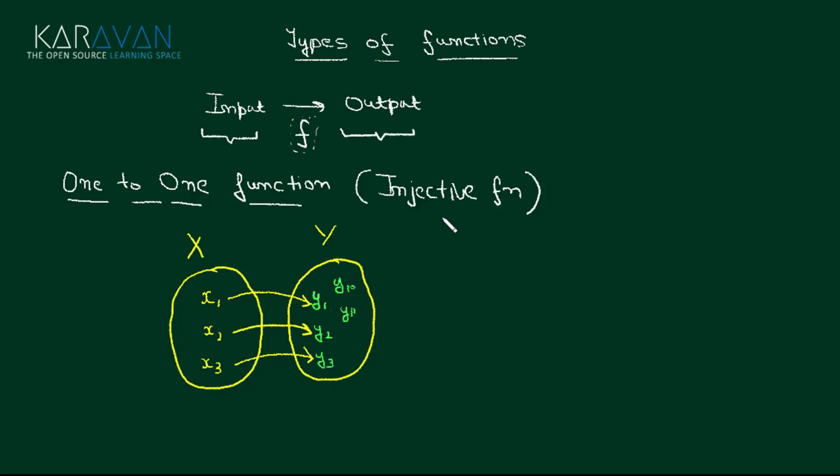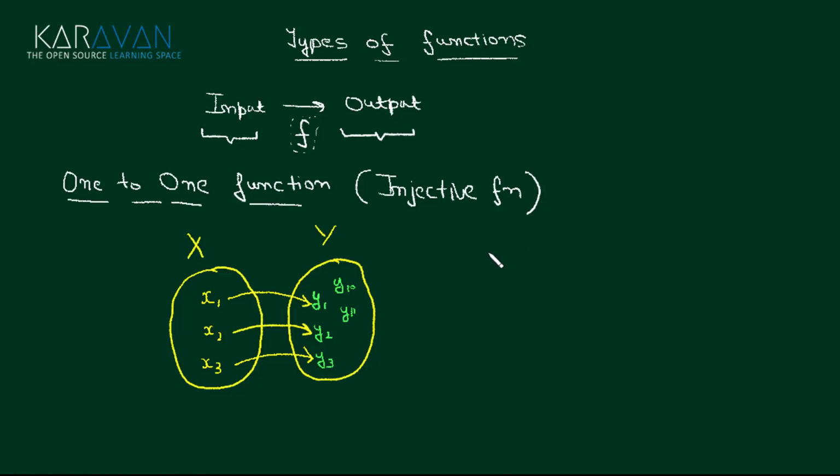If a function is injective, that means everyone you have invited to your house has a unique chair to himself or herself, and there may be empty chairs, but that doesn't matter. Our only concern in an injective function is that every X should be mapped onto Y. Every person should have a unique chair to himself.